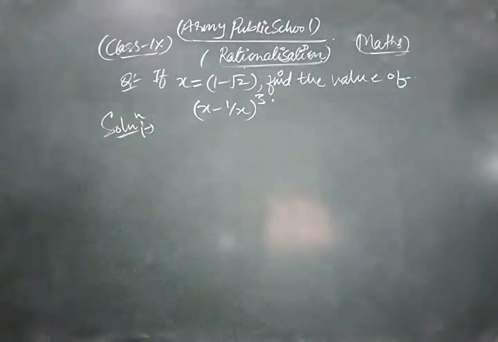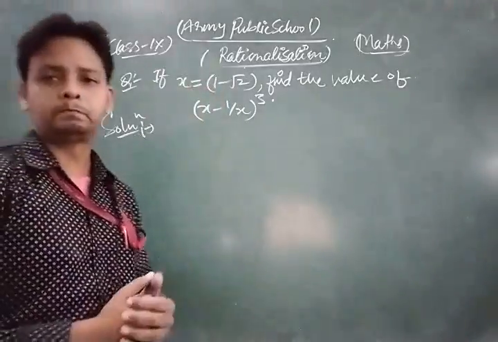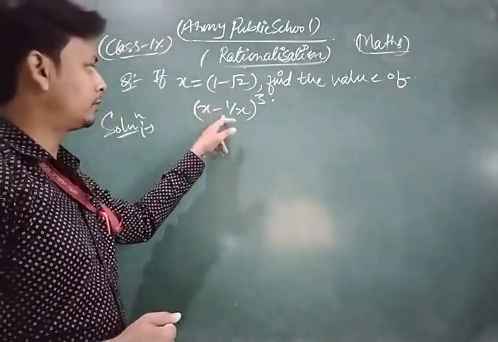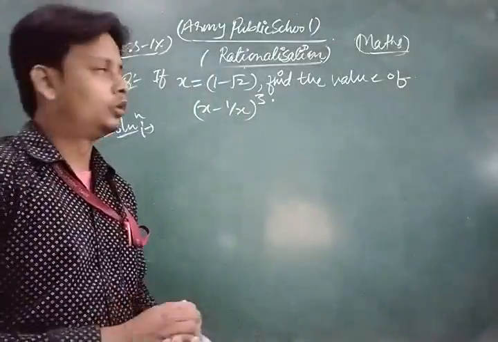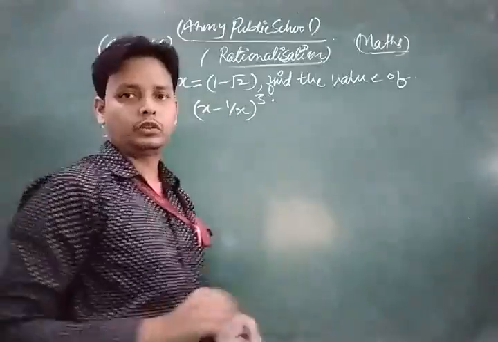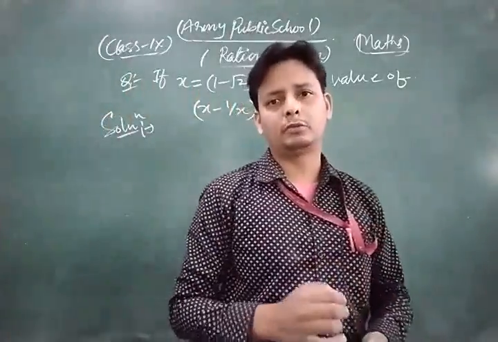Now look at the solution. So here the value of x is given and we just find the value of x minus 1 upon x whole cube. So in that type of question, first of all we find the value of 1 upon x.